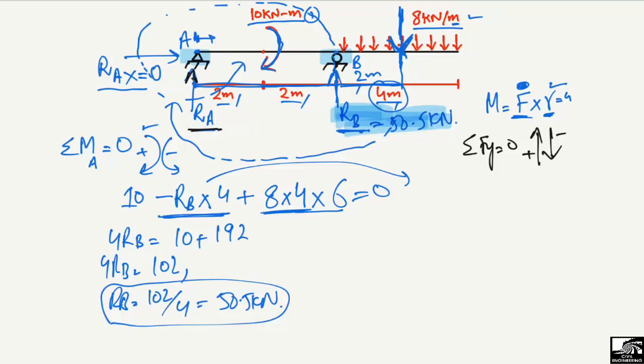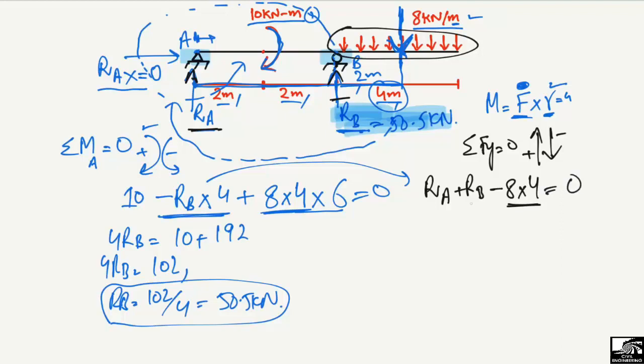We assume it is acting in the upward direction, so it will be RA. The second force is RB, also acting in the upward direction, so plus RB. And then the distributed load is acting in the downward direction, so it will be minus 8 multiplied by 4, because this load is distributed over the 4 meter distance. So summation of all the vertical forces is equal to 0.